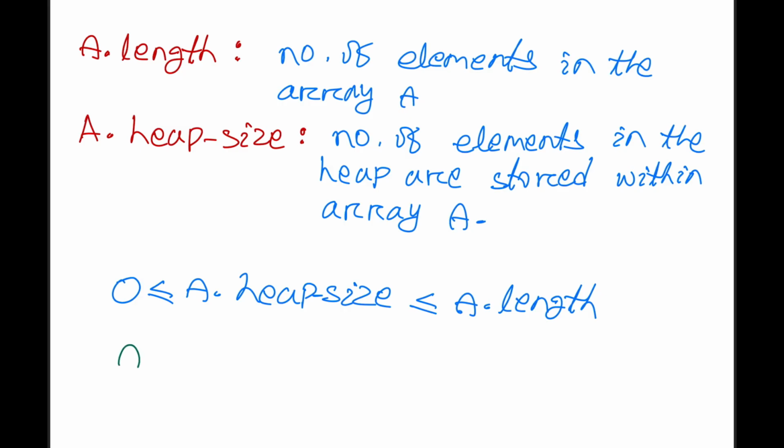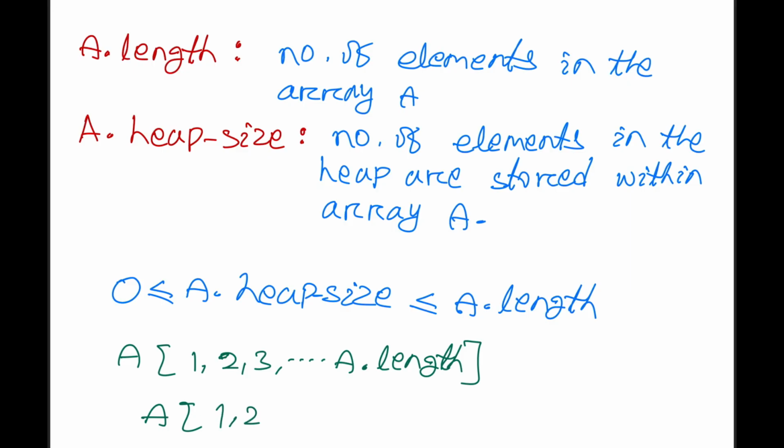The array elements are A of 1, 2, 3, up to A dot length. So the indexes are like this. Here A of 1, 2, 3 up to A dot length contains the elements of the array, and A of 1, 2, 3 up to A dot heap size are the heap elements in the array.